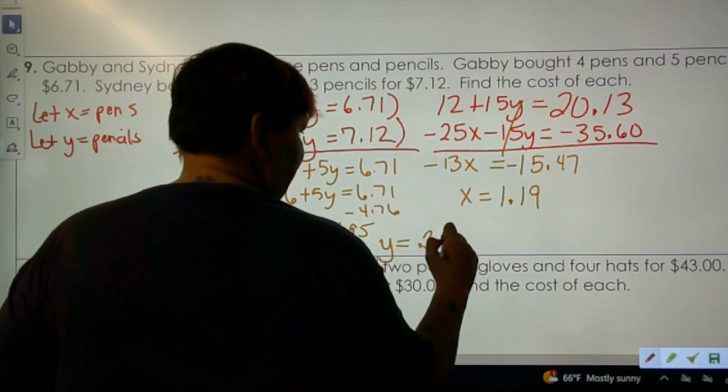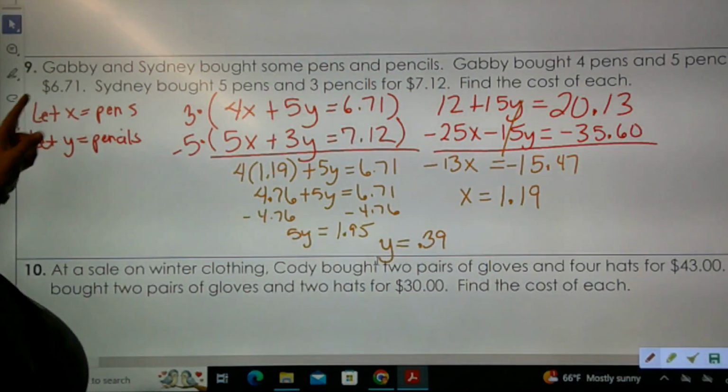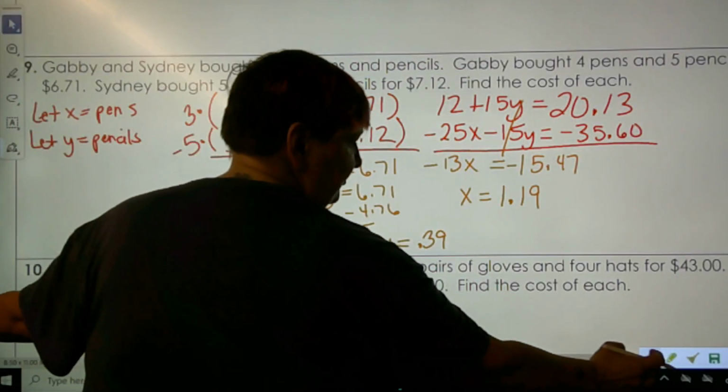Y equals 0.39. Alright, so remember to go back to the question so you can see how to write your answer.